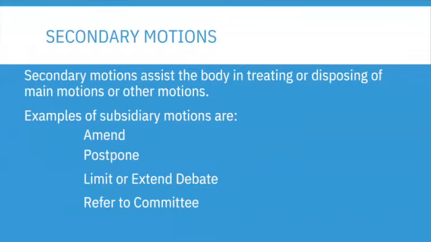Secondary motions assist the body in treating or disposing of main motions or other motions. For example, the motion to amend, which we talked about, by either striking out, adding, or inserting. You have the motion to postpone. You also have the motion to limit or extend debate, or refer to committee.